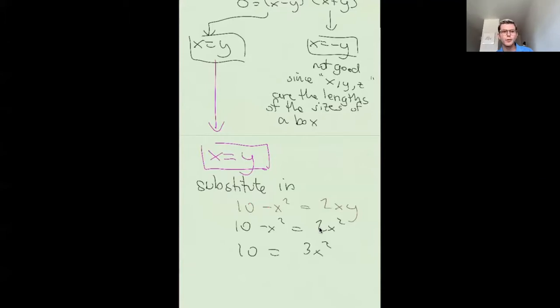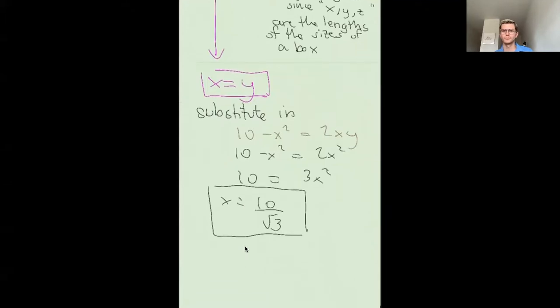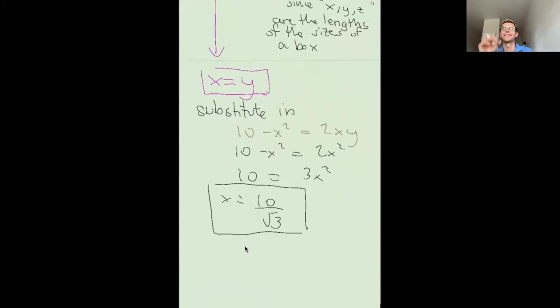And again, because you only want positive values, now you can say that x equals 10 over root of 3. Okay. And then y equals x, so y should be 10 over root of 3.